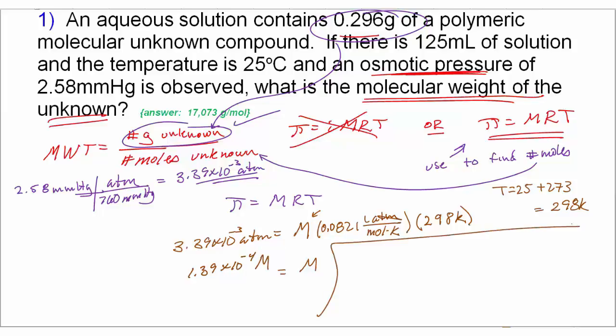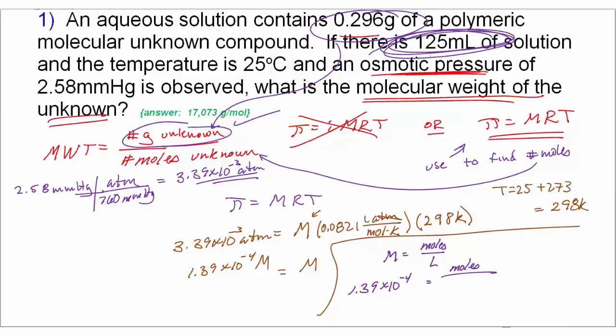So now I can just set up my big M equation. Remember, big M, moles over liters. We know that big M is 1.39 times 10 to the negative 4. That has to equal moles. And the liters, they said, was 125 milliliters.